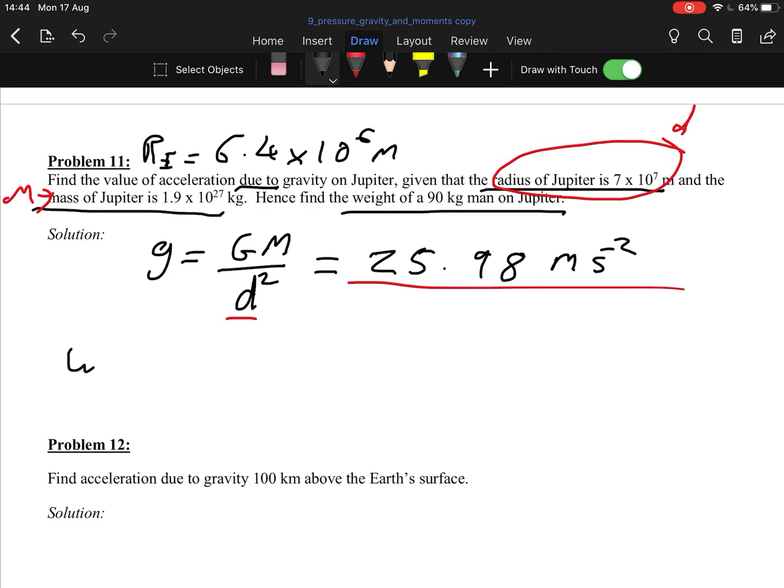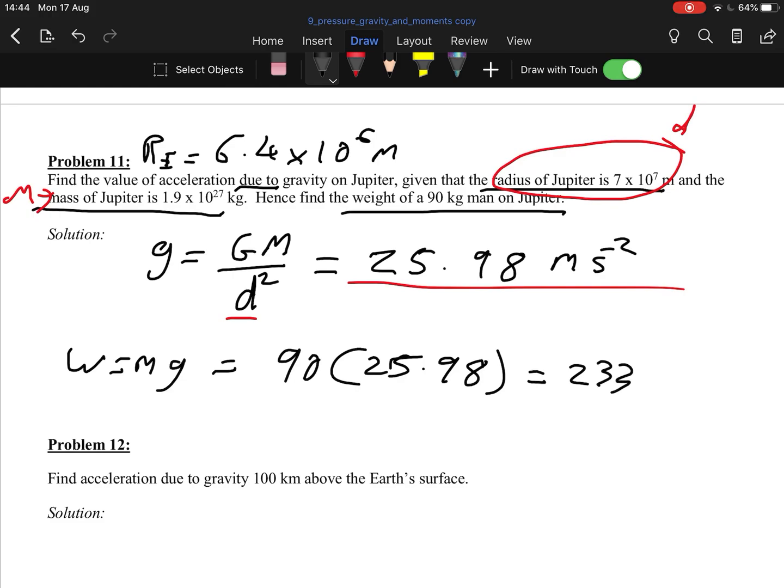In the second part, W equals mg, which equals 90 times 25.98, which should give us 2,338.2 newtons. There you go.